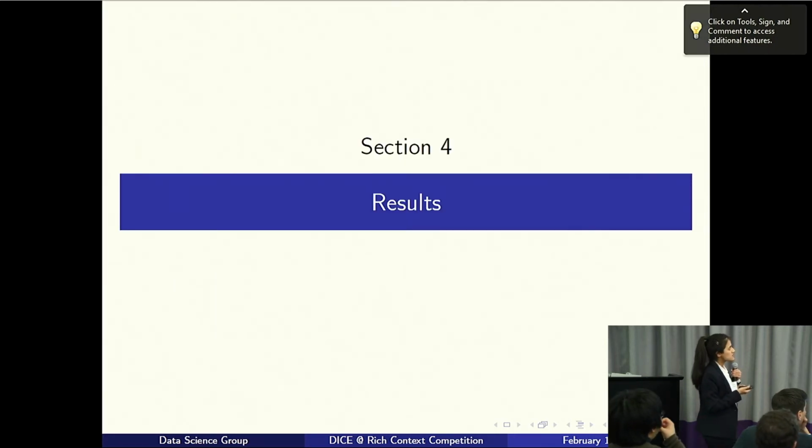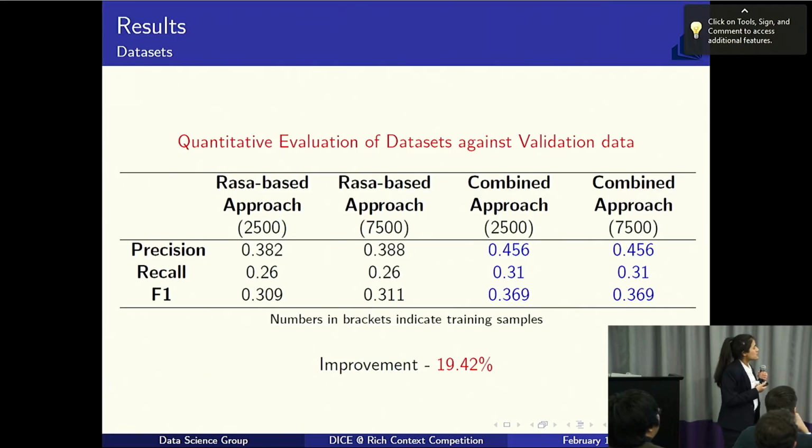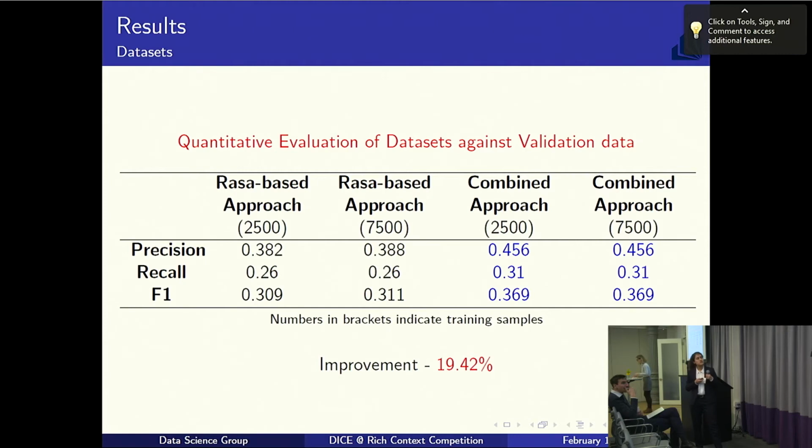And now coming down to the results, the evaluation part. So among many others, we compared these 4 approaches, and we did a quantitative evaluation against the validation dataset. As you can see, for the Rasa-based approach, even when we increased the number of samples in the training dataset, there was not much significant improvement in the performance.